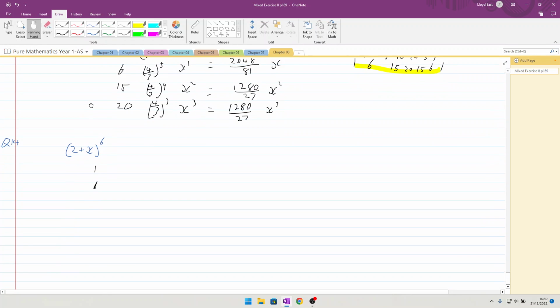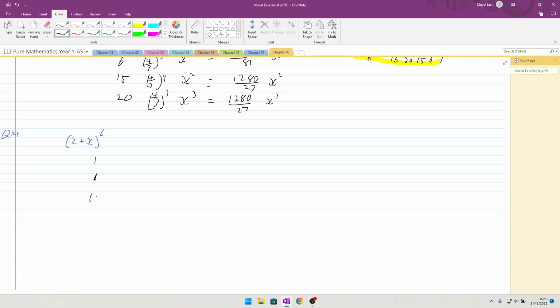Okay, so 1, 6, 15, 20, 15, 6, and 1. Okay, and now that's going to be times by 2 to the power 6, and times 2 to the power 5, 2 to the power 4, 2 to the power 3, 2 to the power 2, 2 to the power 1, and 2 to the power 0.